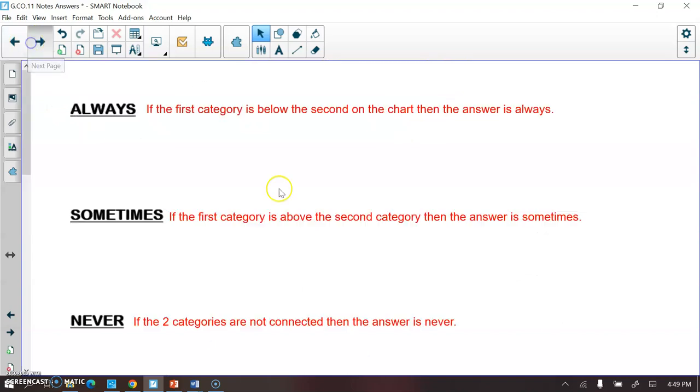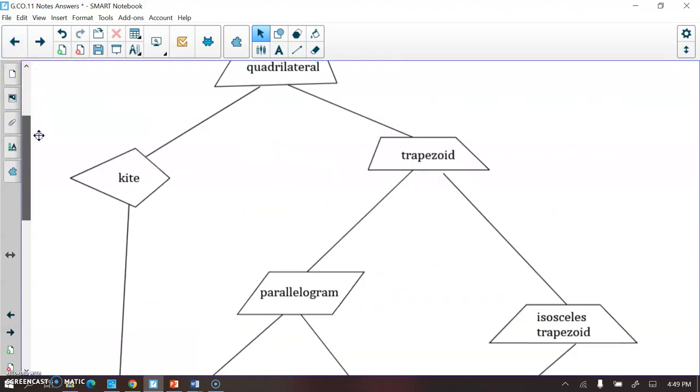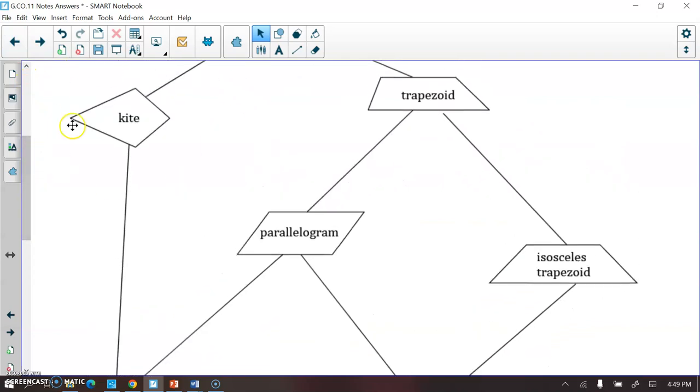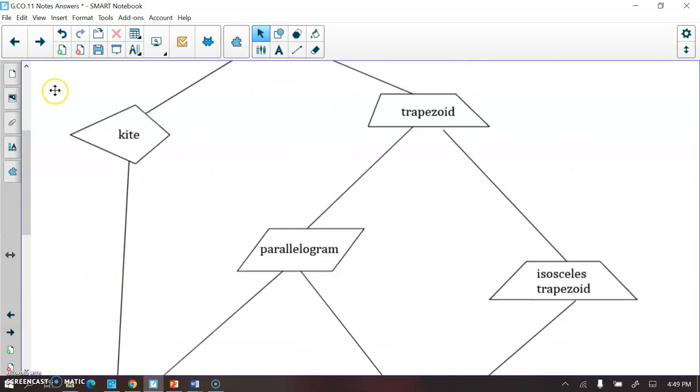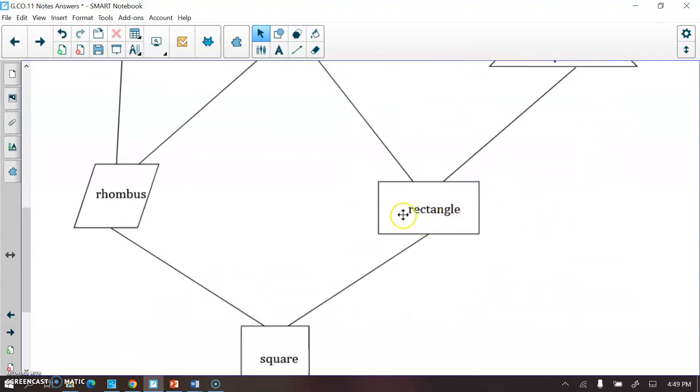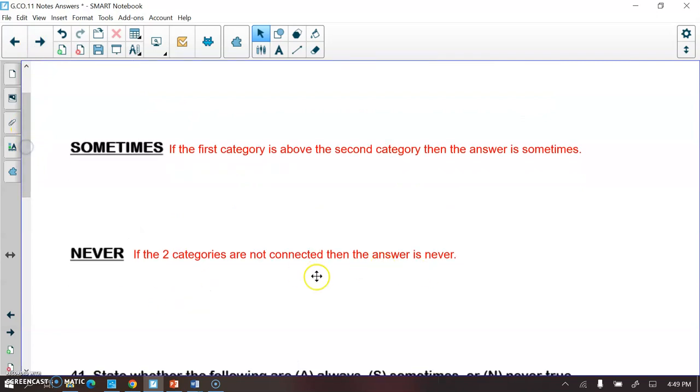All right. The answer is sometimes if the first category is above the second category. So going back to my hierarchy, a kite is sometimes a rhombus since it is above the rhombus. A trapezoid is sometimes a rectangle. And then if two categories are not connected, then the answer is never.